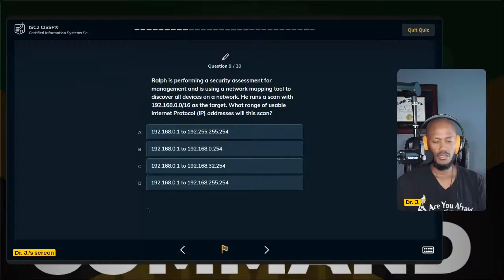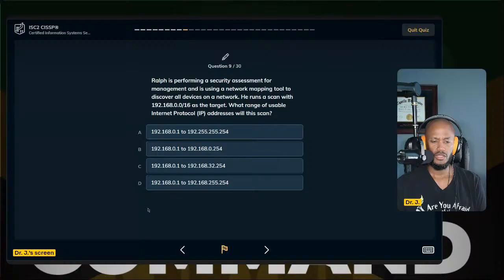No, it's not. It's not alpha. What range? I'm looking at... I think it's D because /16 they give you 16,000 to the two.